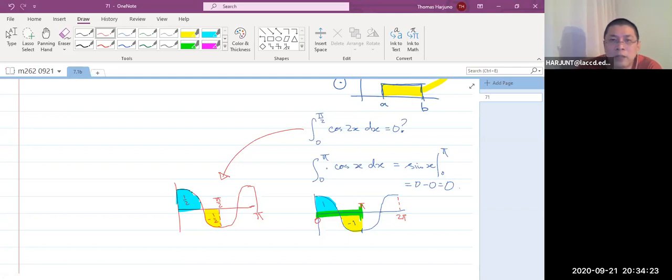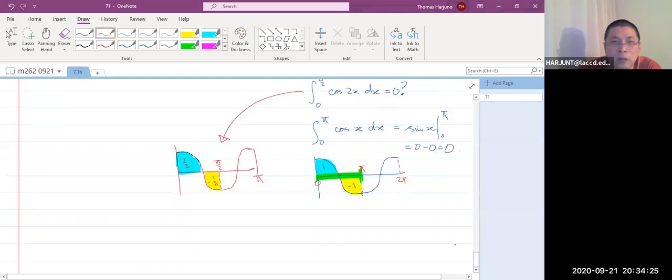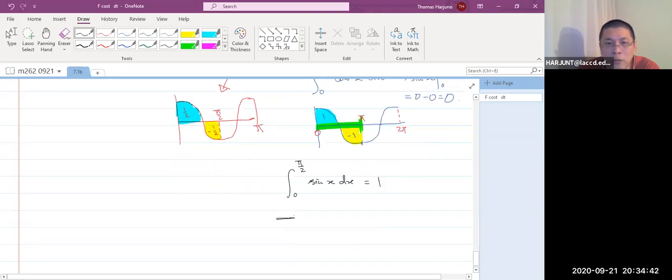Now with that mindset, I really think you should memorize this, integral from 0 to pi over 2 of sine x dx is equal to 1. Now, with that, what can you say about integral from 0 to 5 pi over 2 of sine x dx?